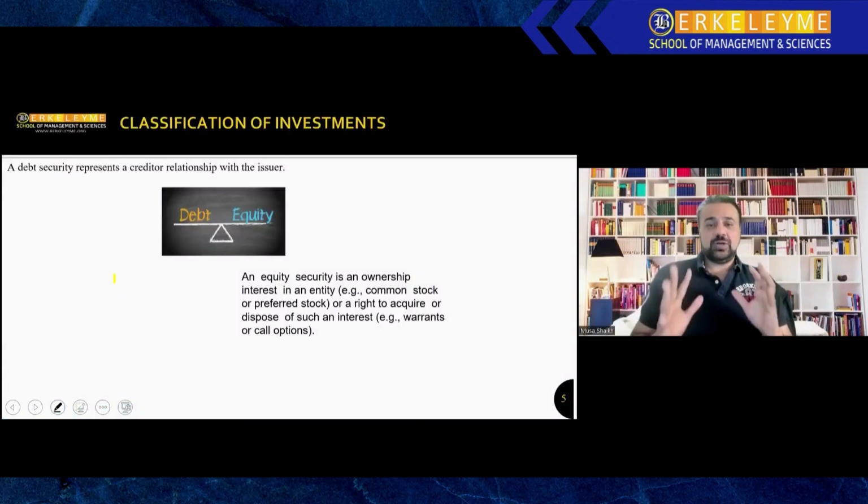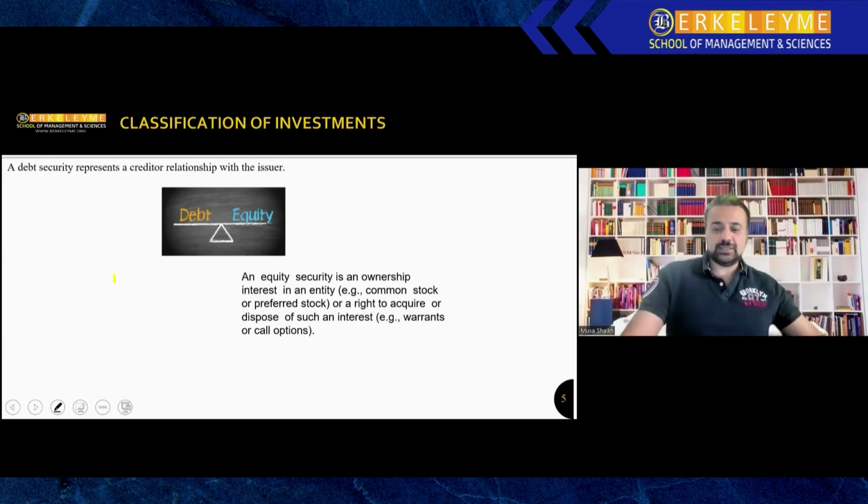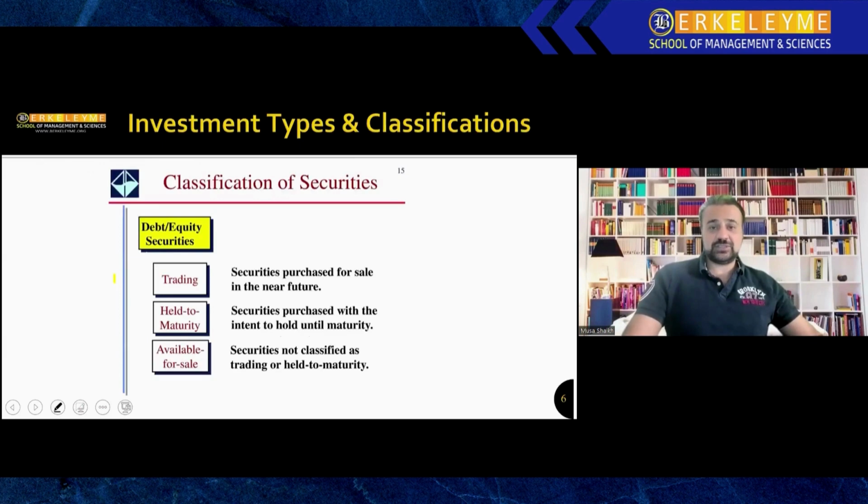As we already know as accountants, we have assets, we have liability, we have equity. Equity is your money in the company from which we have started, and it has different sections which we have already discussed in the first chapter. So let's talk about the classification of these securities.